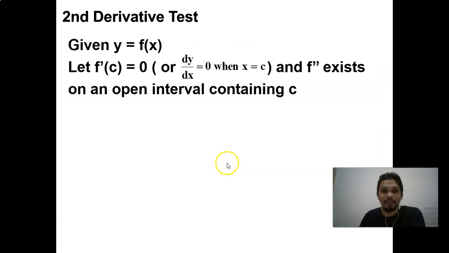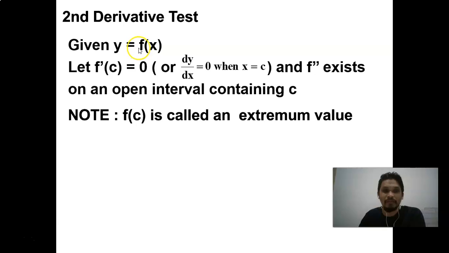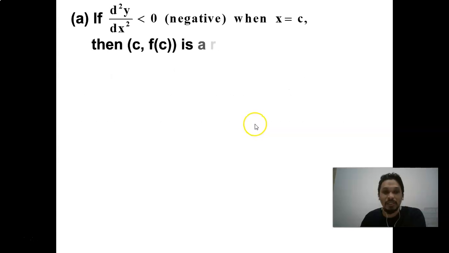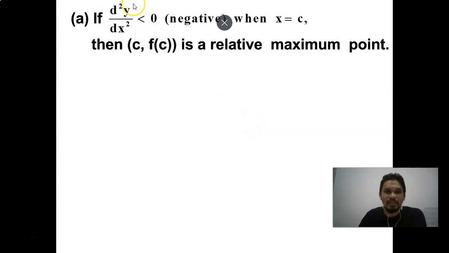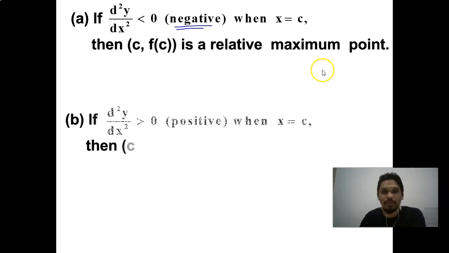Second derivative test. Let y equal f(x) and f prime of c equal 0, or dy/dx equals 0 when x equals c, and f double prime exists on an open interval containing c. f(c) is called the extremum value. If the second derivative of y with respect to x is less than 0, negative, at x equals c, then this is a relative maximum point.